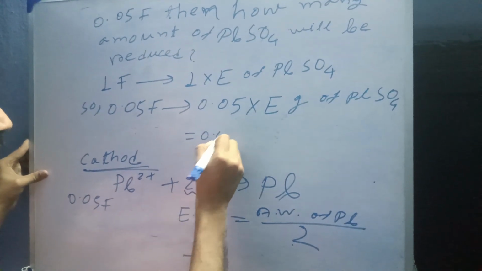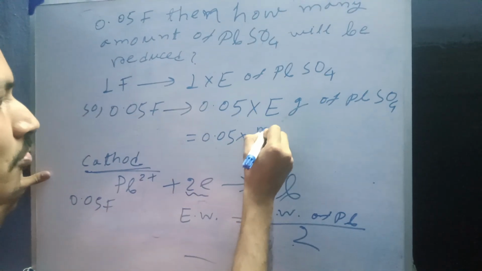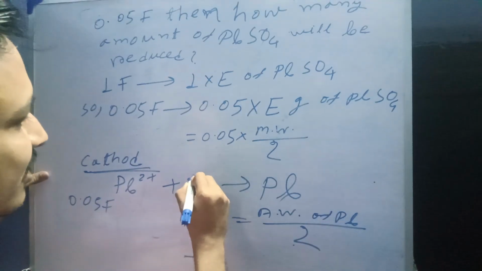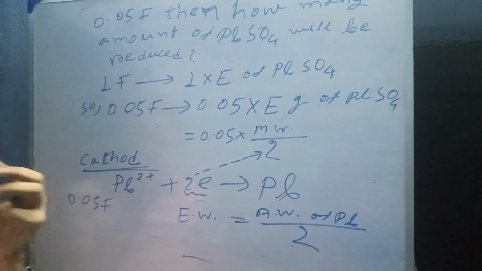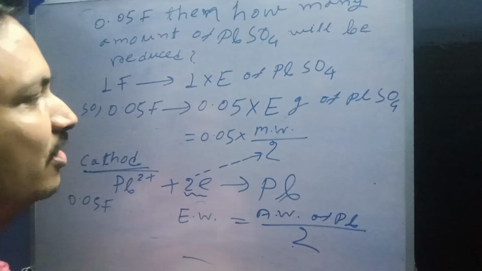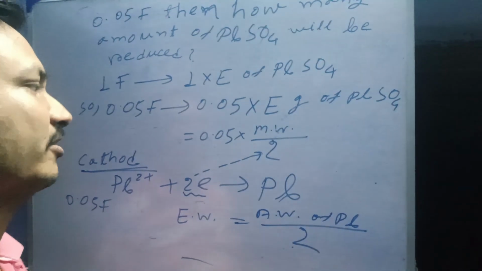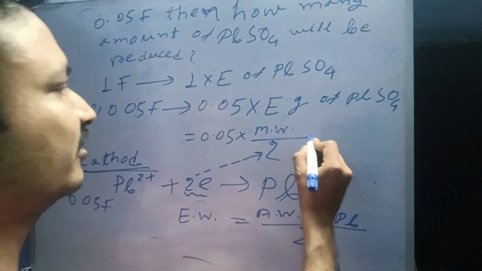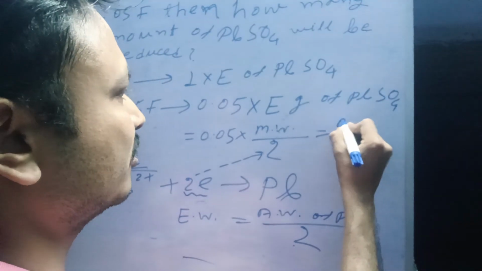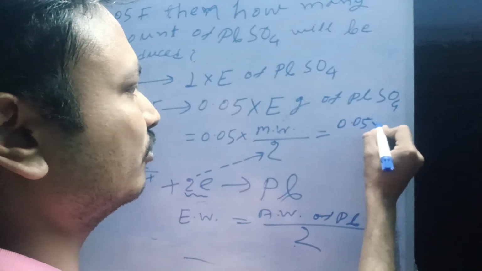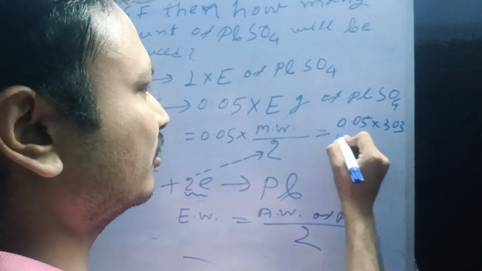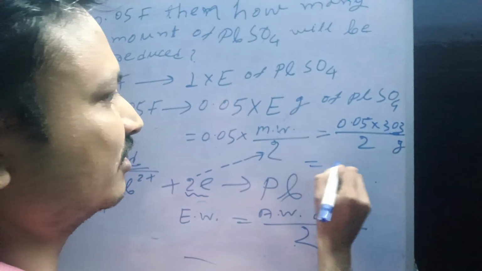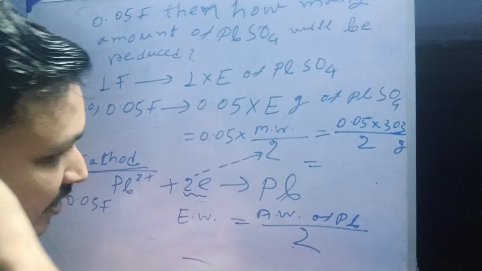It is 0.05 into molecular weight of lead sulfate by number of electron transfer, that is 2. Here, as lead sulfate is a molecule, hence molecular weight is required. Now molecular weight of lead sulfate is 303 grams, so it is equivalent to 0.05 into 303 by 2 gram.